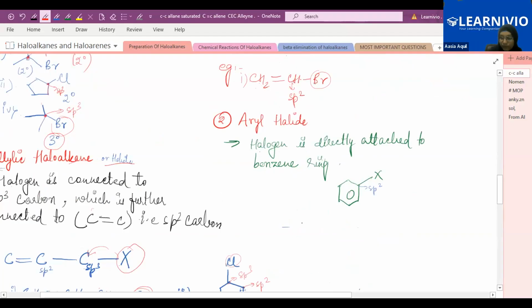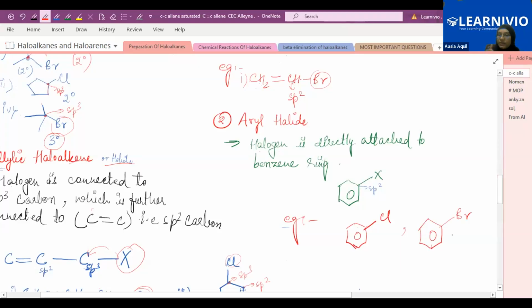For example, suppose there is a benzene ring and here I attach the chlorine. Again, here I attach the bromine. So this is known as your aryl halide, when the halogen is directly attached to the sp2 hybridized carbon of the benzene ring.